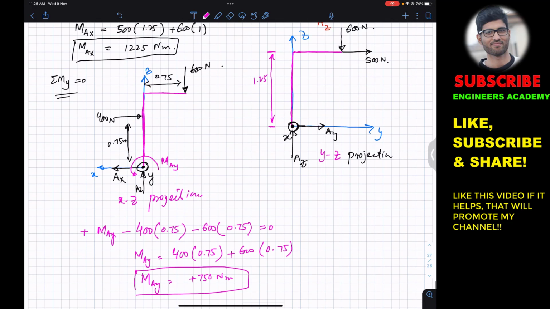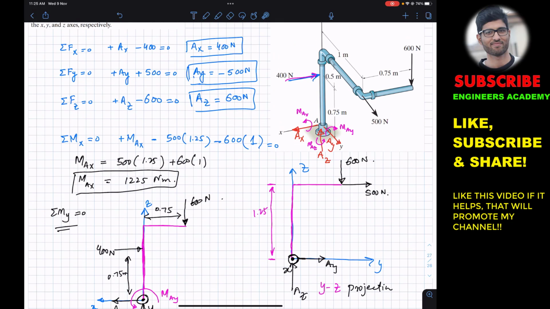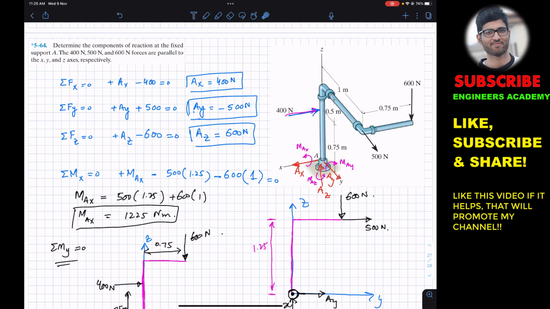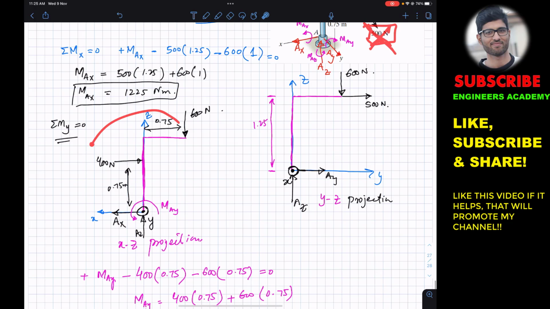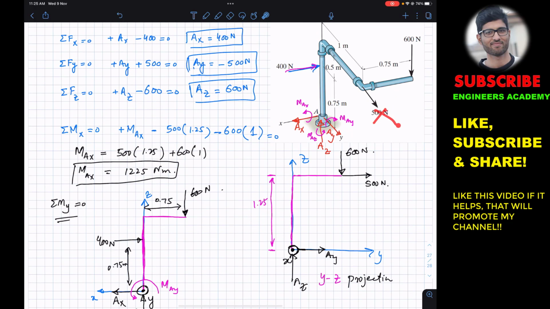Now again, let us directly find the summation of moment about the y-axis using this particular diagram. To find the summation of moment about y, first of all, this 500 Newton force is parallel to the y-axis, so it's not going to produce a moment about the y-axis. So this 500 Newton force is not visible in this particular diagram, and it is not going to produce a moment about the y-axis.